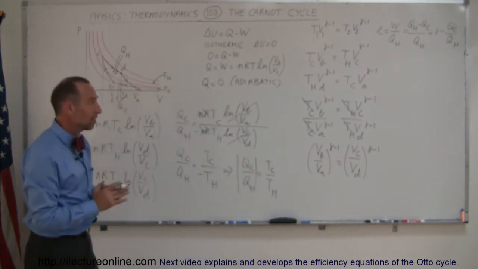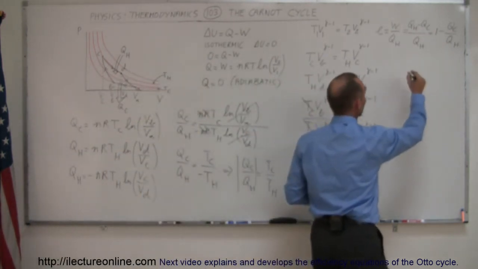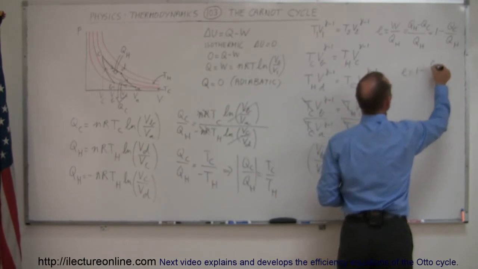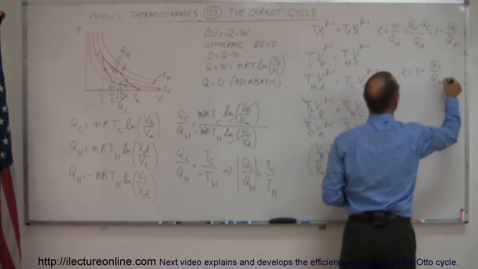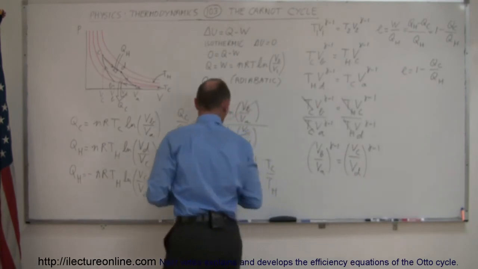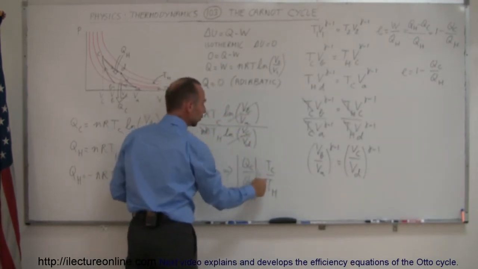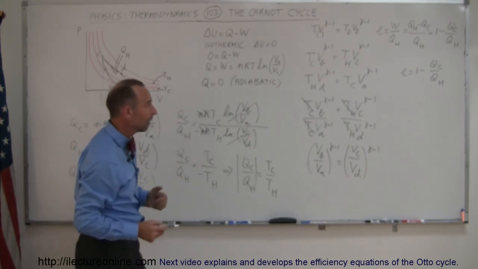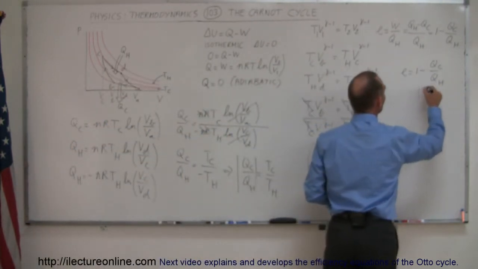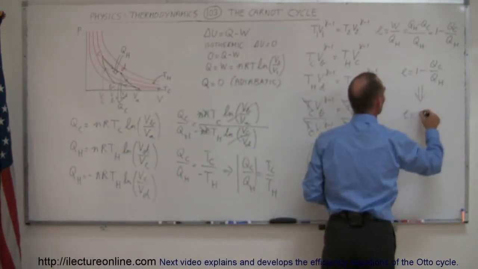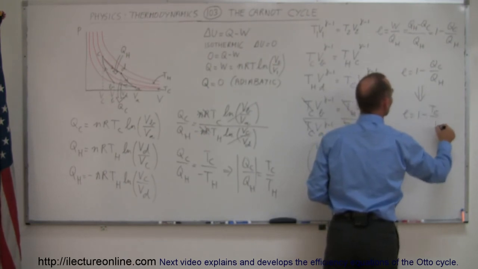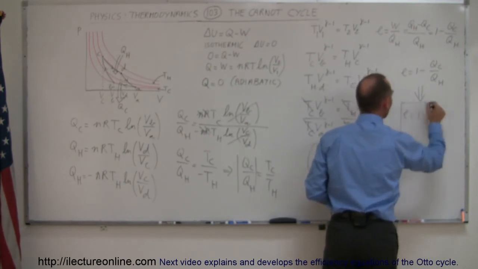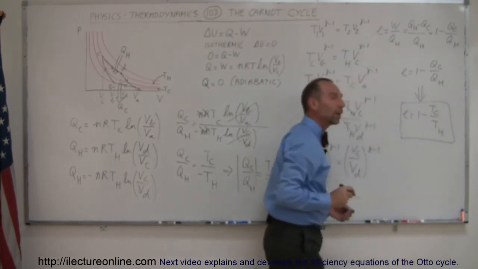And then I can see over here if the efficiency is equal to 1 minus Q cold over QH, and I have determined that Q cold over QH is equal to T cold over T hot, then this equation becomes the efficiency is equal to 1 minus T cold over T hot for a theoretical Carnot engine.